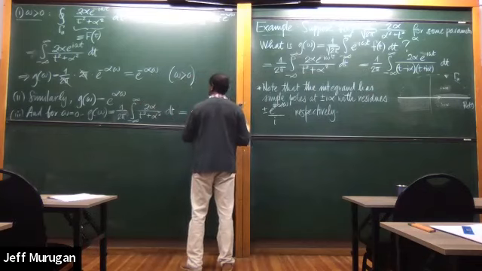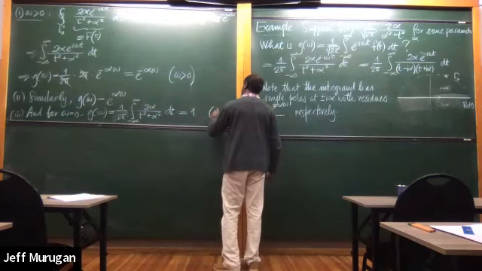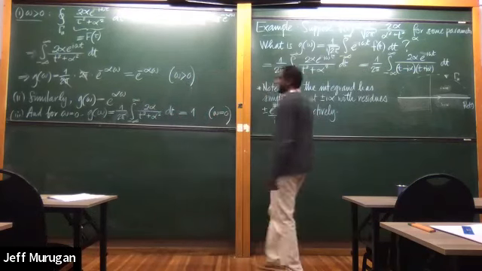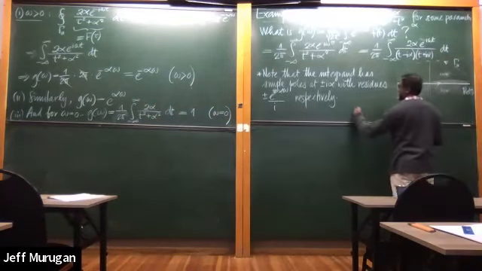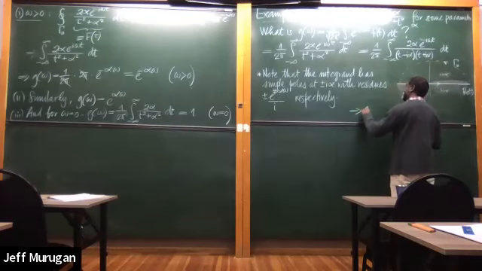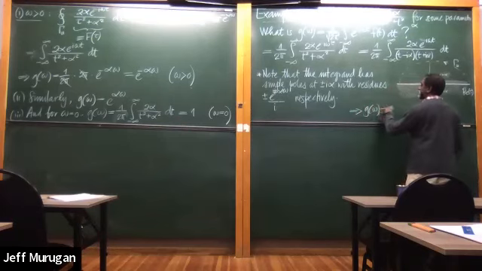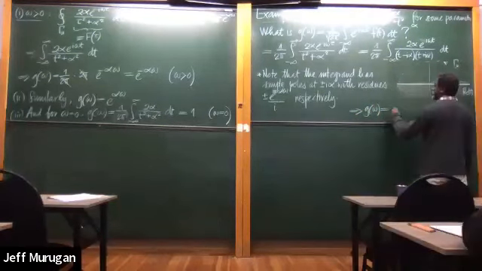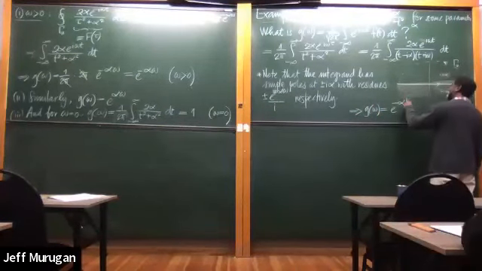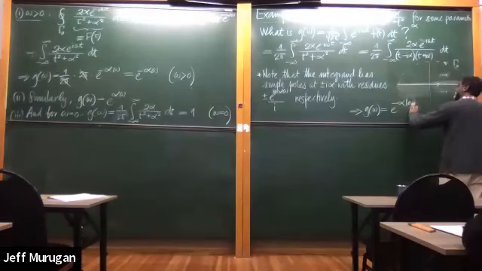So if I put all that together, it follows that g of omega is just e to the minus alpha mod omega.